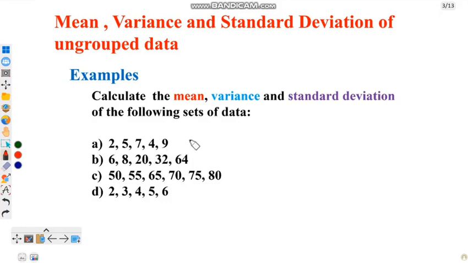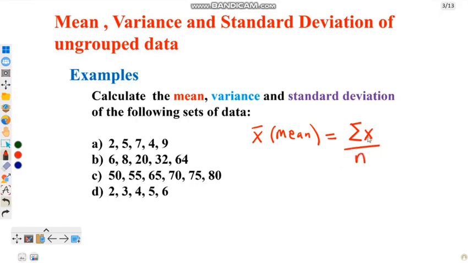In order for us to calculate the mean, the variance, and the standard deviation, we need the formula. Since this is ungrouped data, for the mean we write x bar, which means the mean, is equal to the summation of x over n.